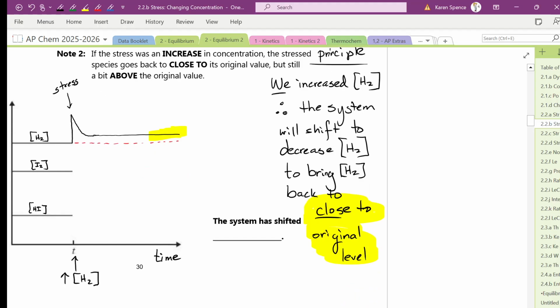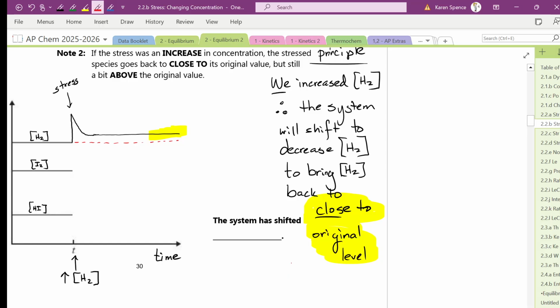Yeah? So whenever you have a concentration being the stress, if you increase it, it will get close, but a little bit higher. Because you've simply got more atoms in the system, you're going to end up with more of stuff. Okay?